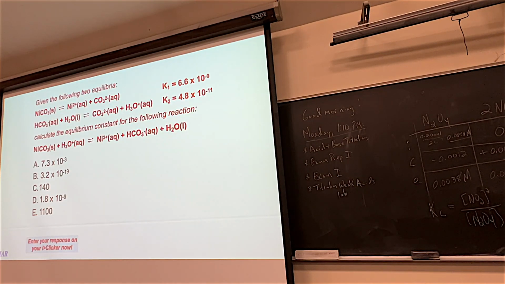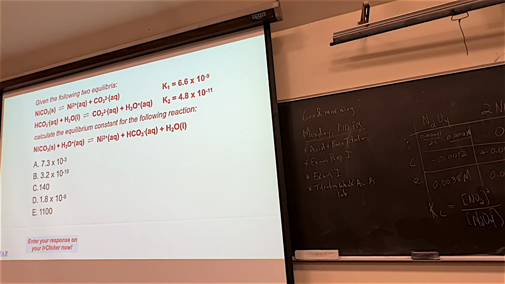All right. So here's a reaction where we have two types of equilibrium constants. The first one is nickel-2 carbonate becoming the ions, and the second one is actually a Ka expression, although you don't need to know that, for hydrogen carbonate making hydronium and carbonate. But in this problem, we want this reaction. All right, we want to know the equilibrium constant for this one. So what I'd like you to do is try to combine these two equations to get the K for this equilibrium constant.